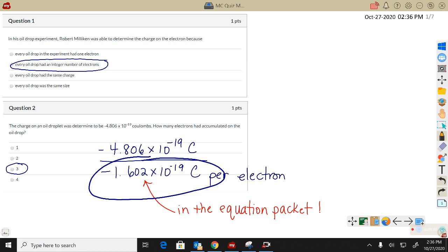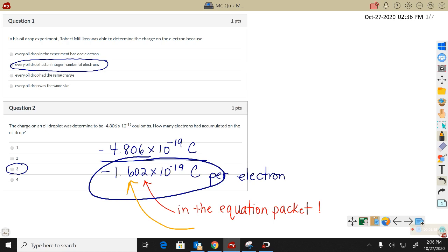The electrons accumulated on the oil droplets, and then he tried to suspend those oil droplets between two charged plates, positive and negatively charged plates, and found that the amount of charge he had to apply always came in a whole number ratio of this. It was always a whole number integer. So then he was able to figure out how many electrons had accumulated on the oil droplet.